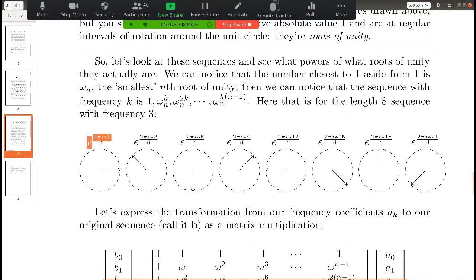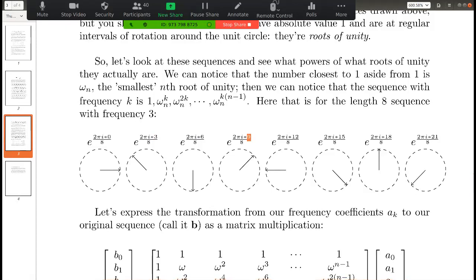And down here, I've written everything to the power of 3, and I've written what that looks like. So 1 is just, there's a 0 in here, so we don't care. Here, there's a 3, so it's 3 rotations away from 1. 6 is 6 rotations away from 1. 9 rotations away from 1 is the same thing as 1 rotation away, because we're working mod 8 here with the 8th roots of unity.